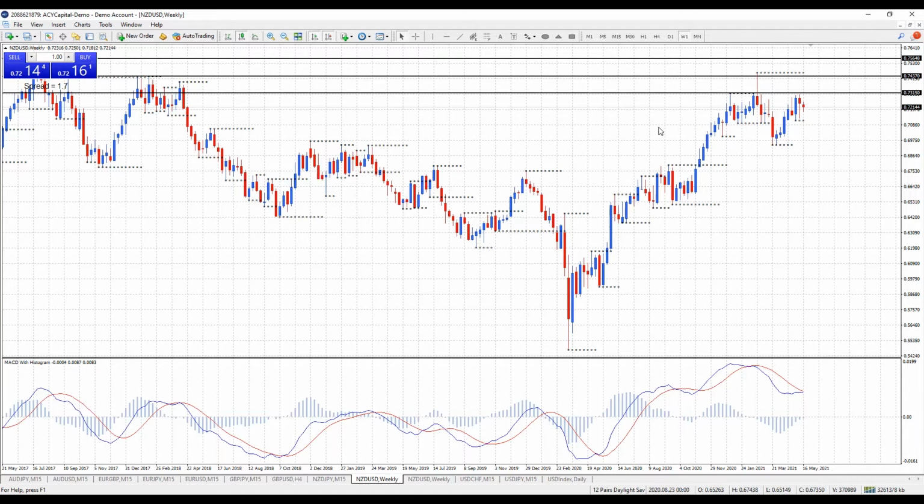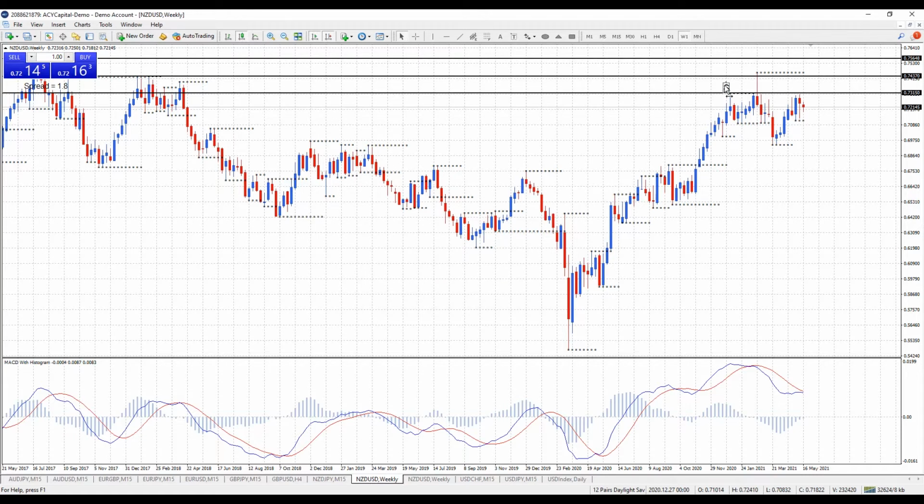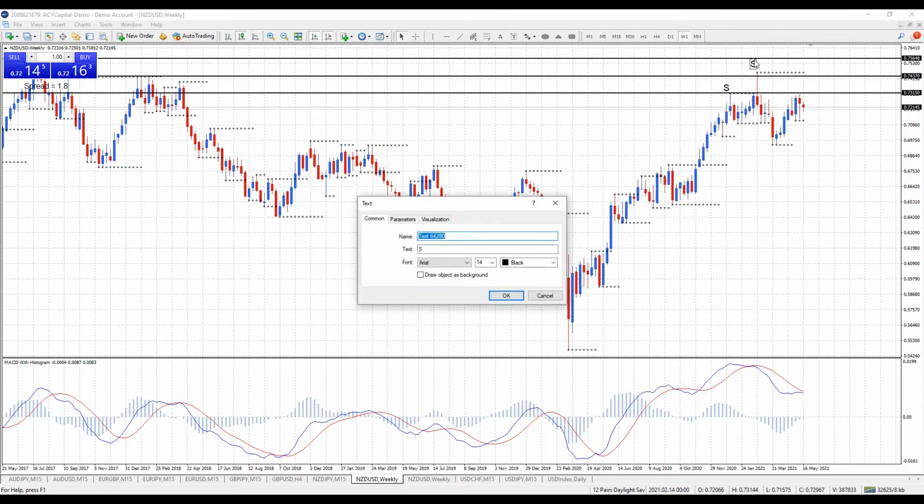Alright, so that's the left shoulder. I'll just label it all in for you. That's the head.